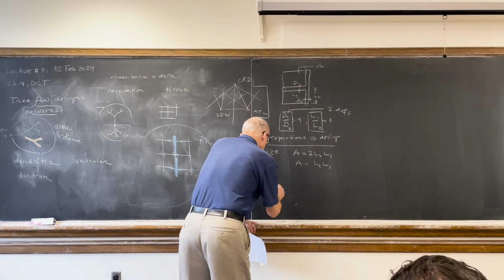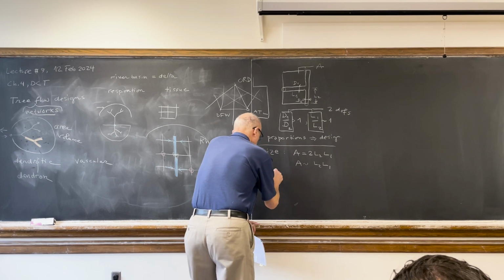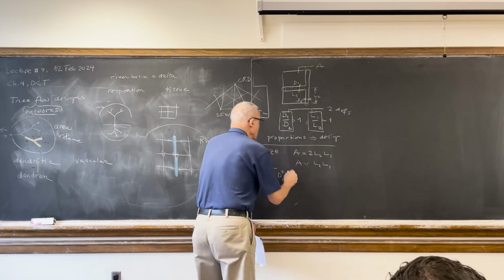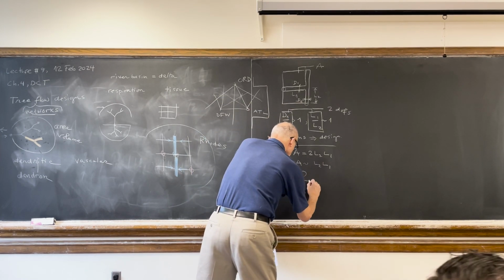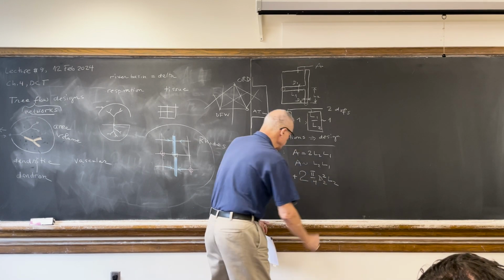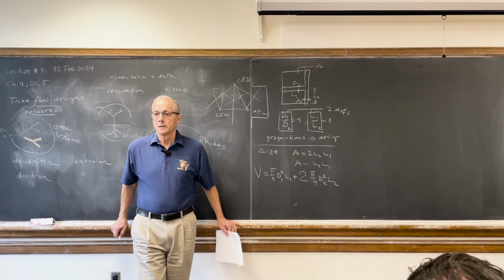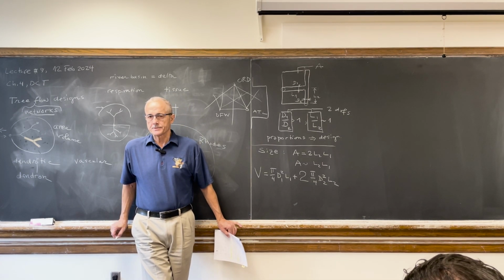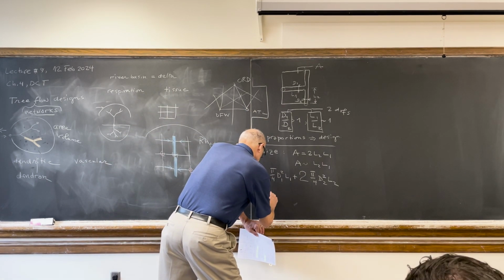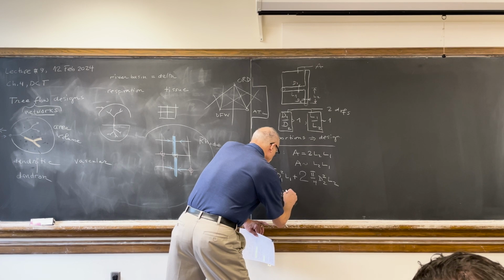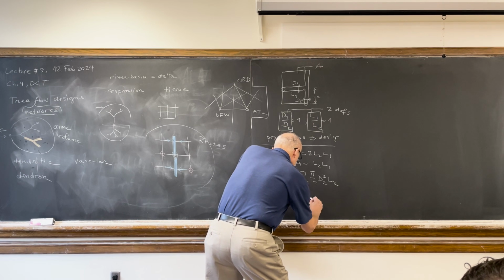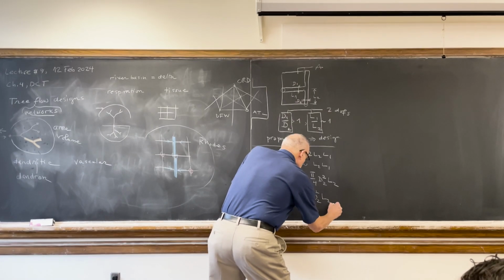So flow volume happens to be pi over 4 D1 squared L1 plus 2, because you have 2 branches, and then pi over 4 D2 squared L2, which means that this so-called internal volume is proportional to D1 squared L1 plus 2 D2 squared L2.